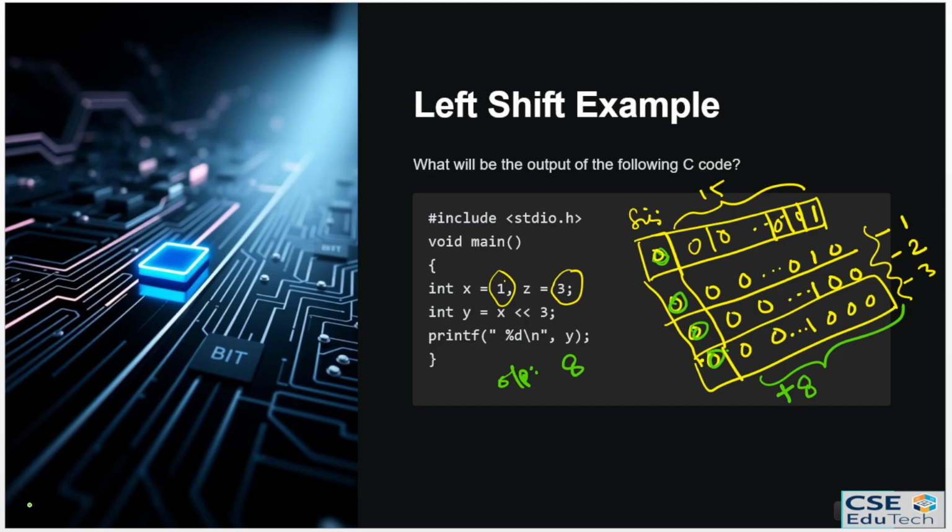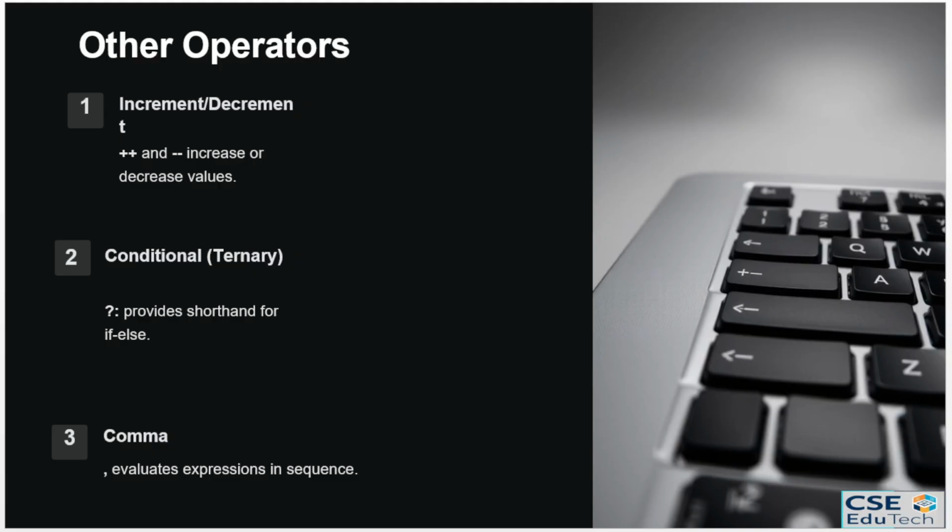Okay, so we have discussed this operator. Now we will discuss some other operators. It is the increment and the decrement operator, plus plus and minus minus. As we have mentioned, both of these operators are unary operators. Unary operator means only one operand is required, that's why we call it a unary operator.